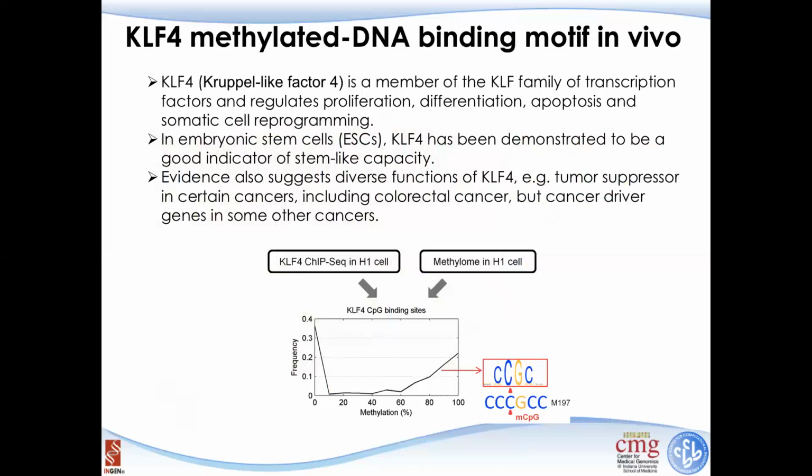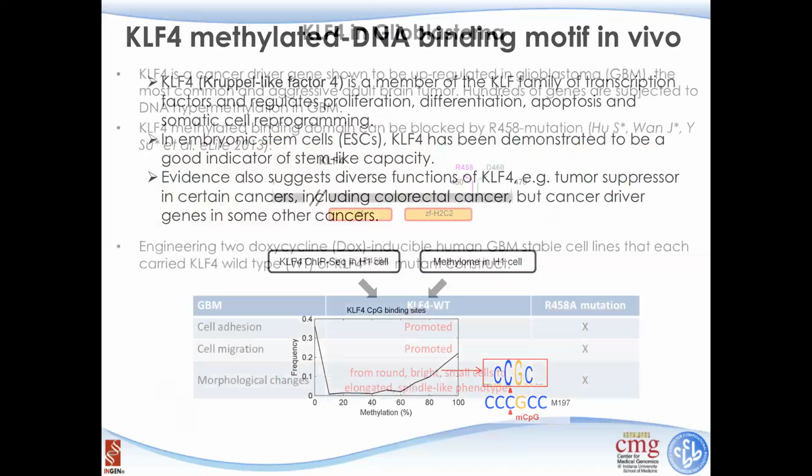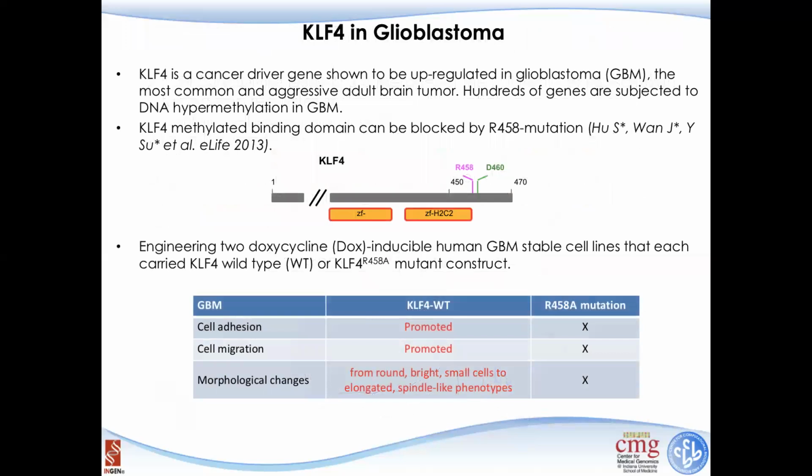We also used bioinformatics analysis to identify some KLF4 binding sites. They are highly methylated. The motif in their ChIP-seq binding sites is pretty similar to what we identified in vitro. So it gives us strong confidence to follow up to see what the function of KLF4 is.